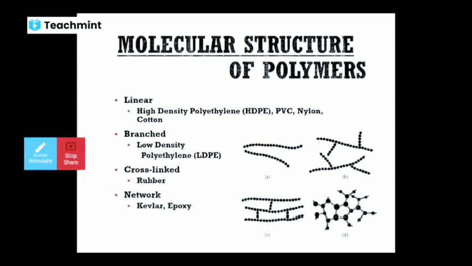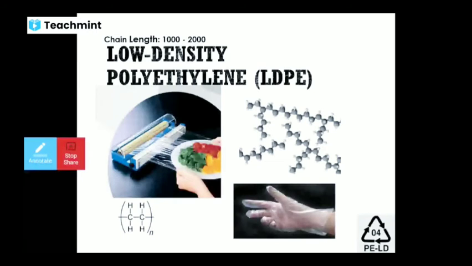Molecular structure of polymers: linear, branched, cross-linked, network. Examples of linear polymers are high density polyethylene, PVC, nylon, cotton. Branched: low density polyethylene. Cross-linked: rubber. Network: Kevlar, epoxy.